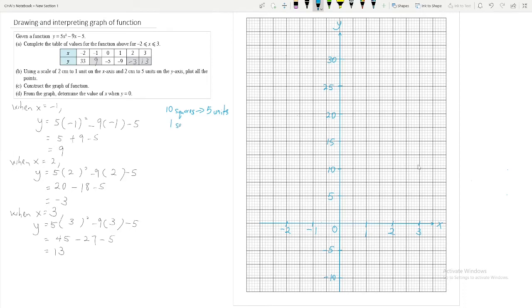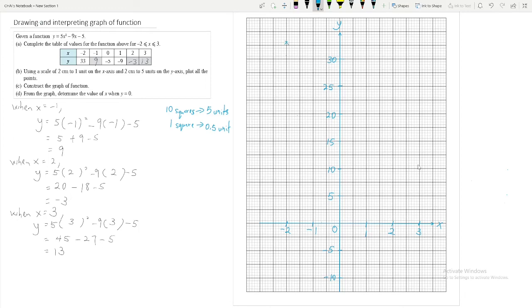So 1 square will be 5 divided by 10, so that is 0.5 unit. So then 30. 2 small squares will be 1 unit. 31, 32, 33 is here.